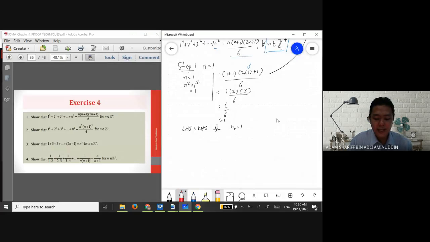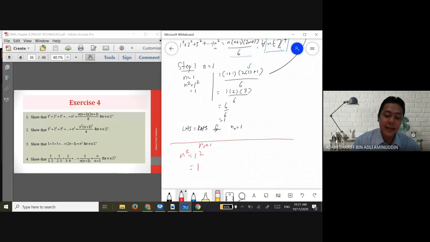Ini jawapan yang saya tak terima. For step 1 again n not equals to 1. Okay, dia buatlah left hand side n squared sama dengan 1 squared sama dengan 1 sebab senang. Right hand side pula dia tulis right hand side equals to 1. Suddenly he managed to get the left hand side, right hand side dia cakap sama.